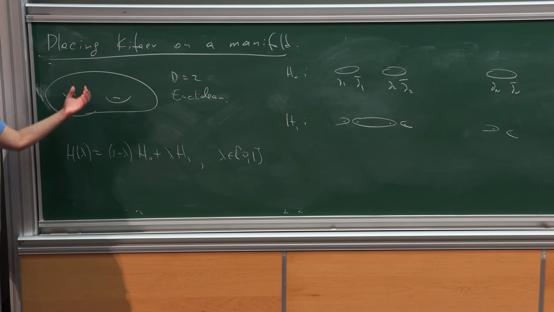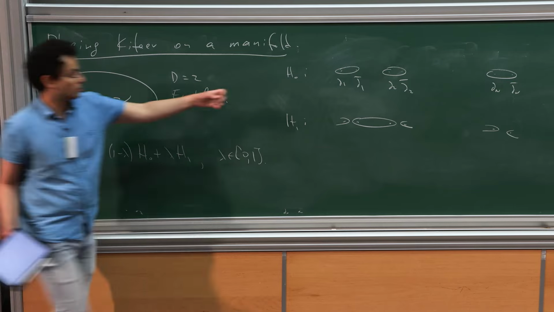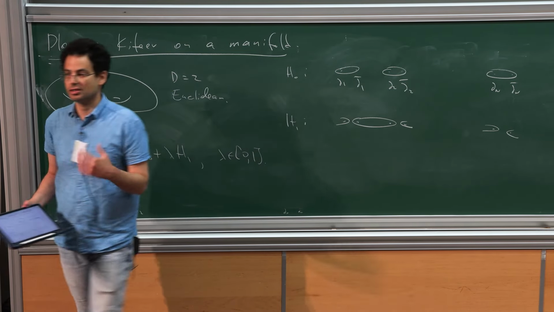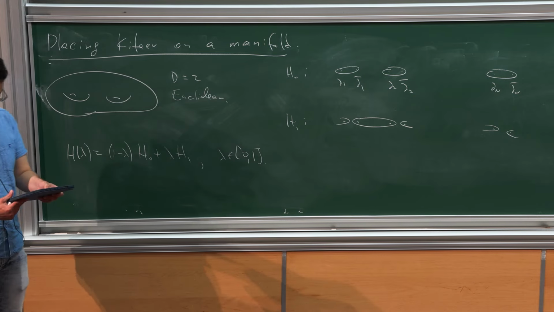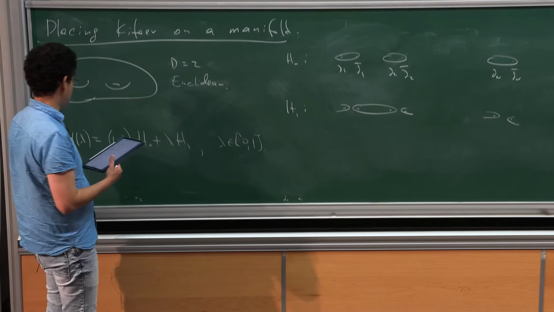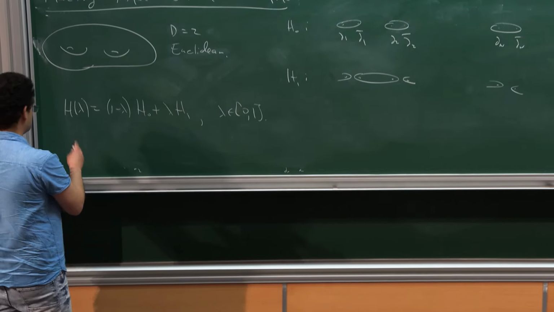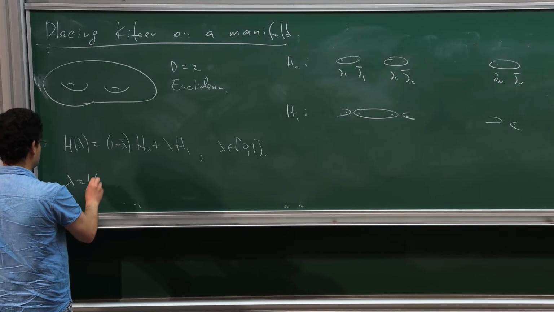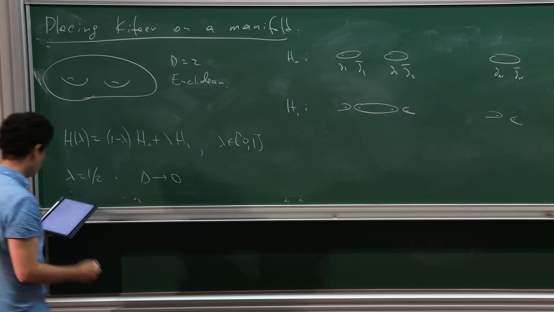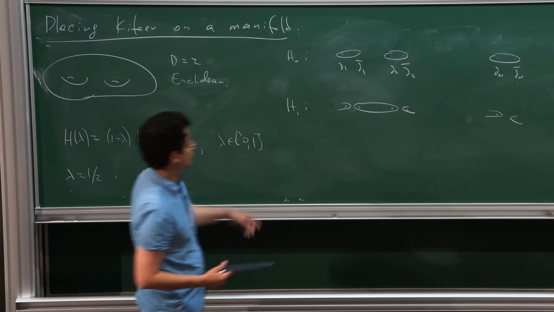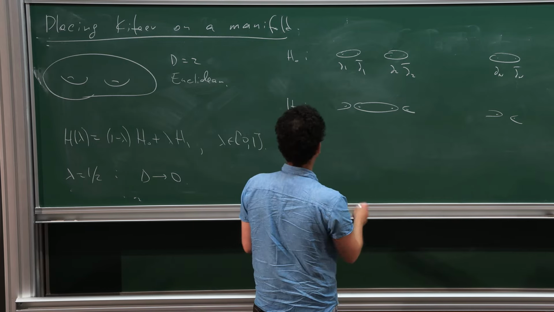Because we just learned that these two Hamiltonians are in different phases, so I cannot go between them without closing the gap. And actually, the gap closes at lambda equal to 1/2, just midway, where delta goes to 0.